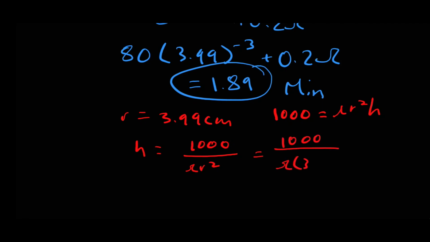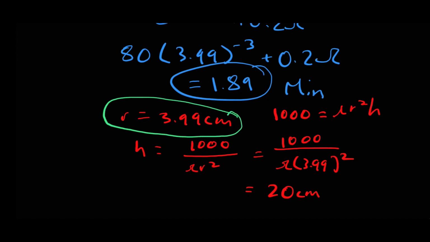But that means that h equals 1000 over pi times 3.99 squared, which is about 20 centimeters. So to minimize the cost, the radius would need to be 3.99 centimeters, and the height would need to be 20. And that's how you do optimization using calculus.